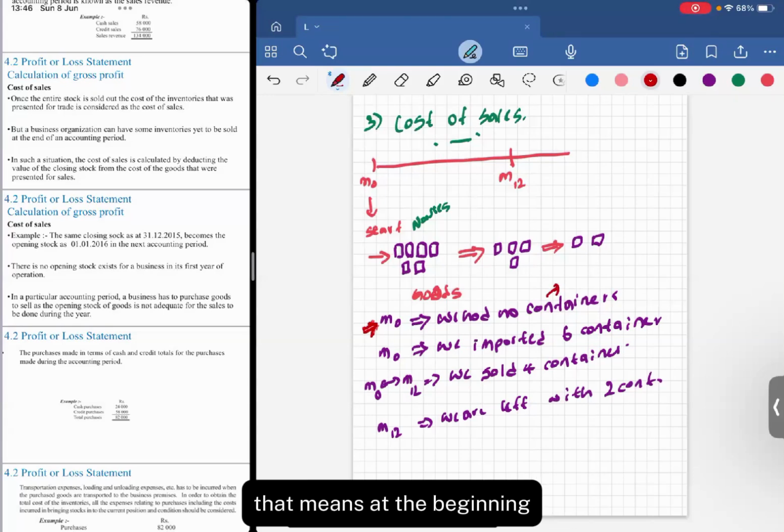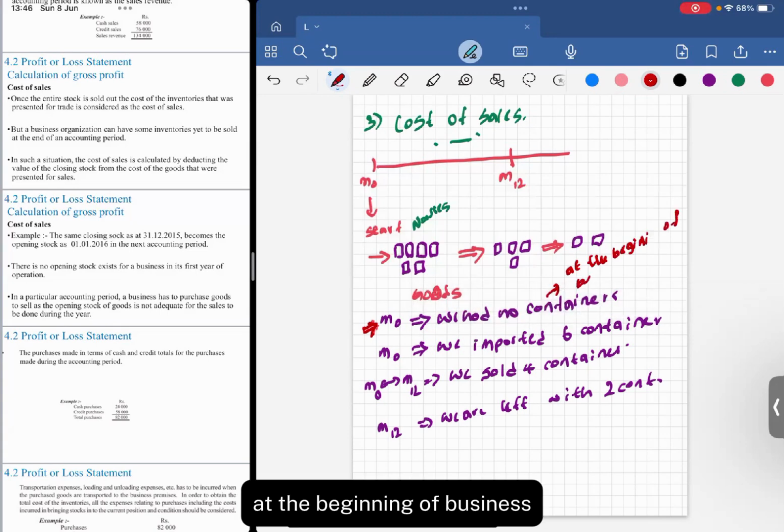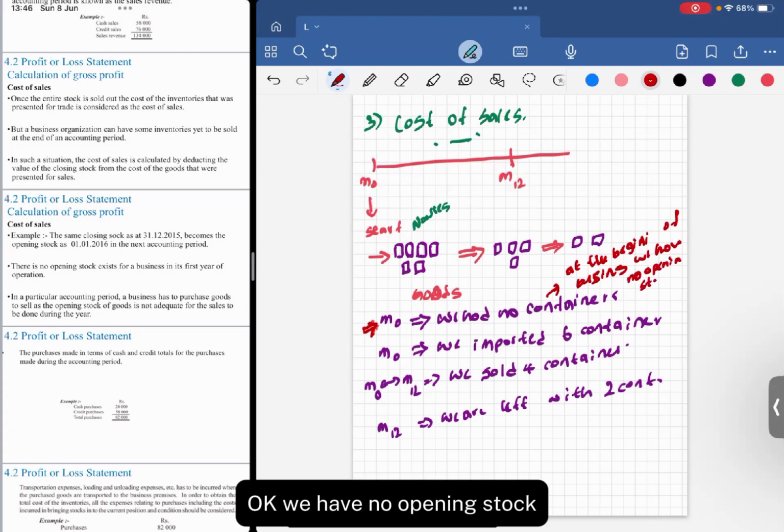That means at the beginning of business, we have no opening stock.